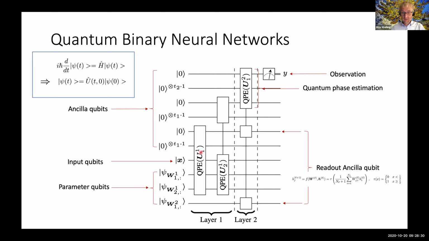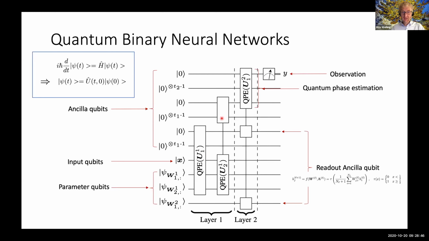And yeah, so then after that, let's see what happens here. Okay, so we do this for the first layer, or for the first set of parameters. We do this for the second set of parameters.